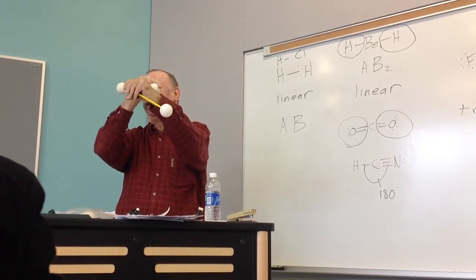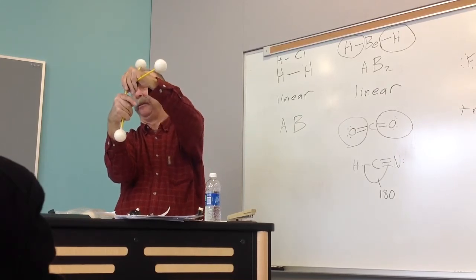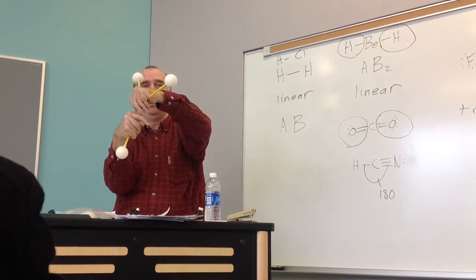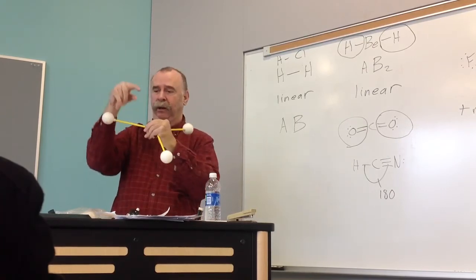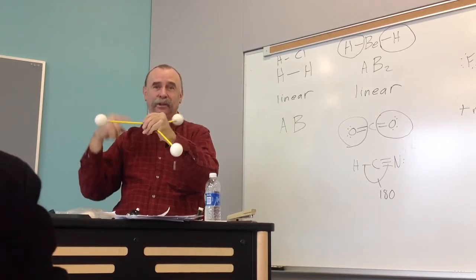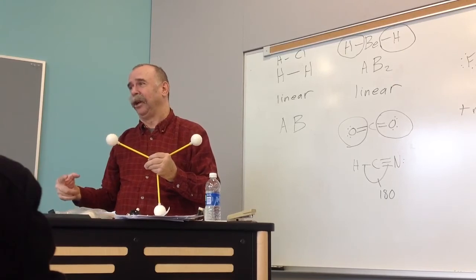The only way to get them further apart is by bending it back up into a planar shape anyway. So the best way to get 3 things as far apart from each other on a center atom is a trigonal planar shape.